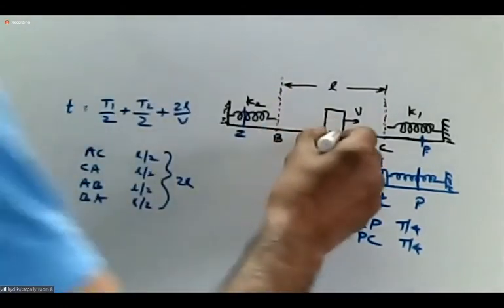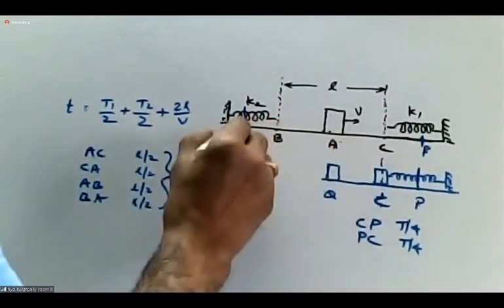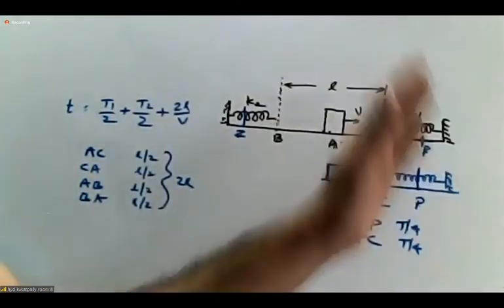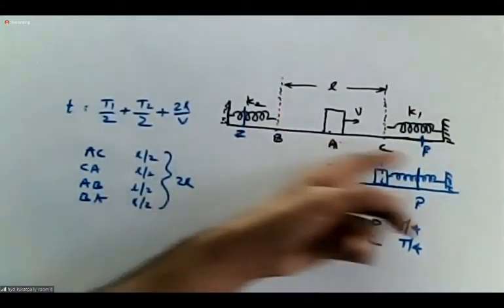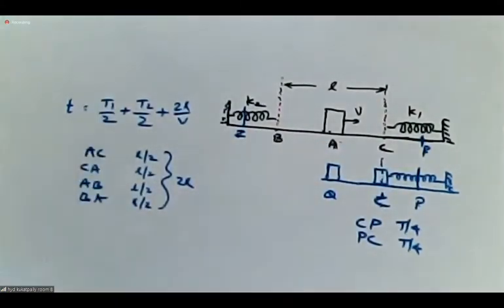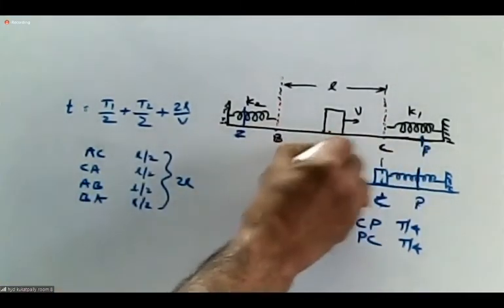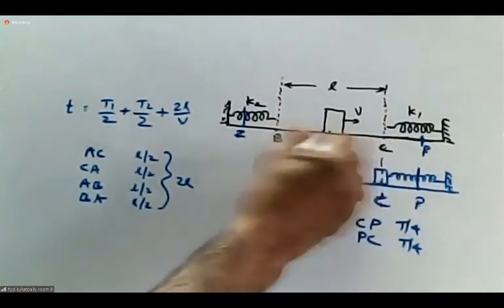From A it started, A to P, P to A to Z, Z to A. That is oscillation. This is the system. A to P, I divided like this. A to P, what happens? A to C without spring, C to P with spring, P to C with spring, C to A without spring.